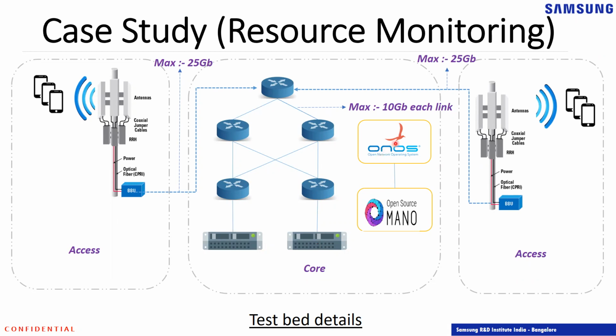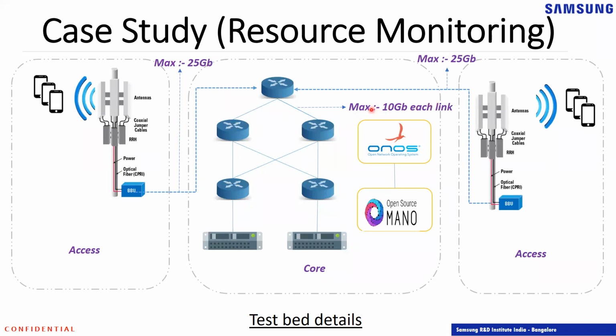Additionally, it has ONOS and MANO applications to manage and automate the UPFs in the core data center. Here we can see the maximum capacity of the access to core link is 25 gig, and the link between leaf and UPF is 10 gig.